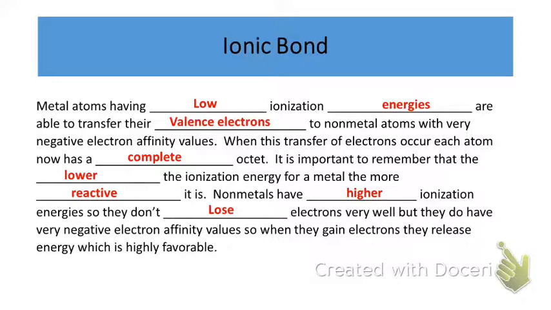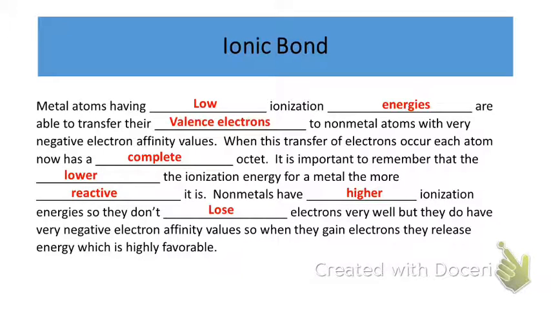So metal atoms having low ionization energies are able to transfer their valence electrons to nonmetal atoms with very negative electron affinity values. We'll take a moment to talk about electron affinity in just a minute. But metals, because they typically have low ionization energies, it's much easier to remove their electrons than to gain electrons. And so they get rid of them.